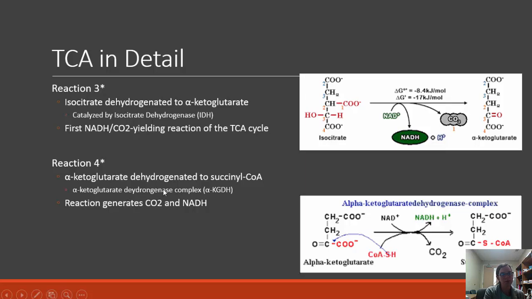And same thing for reaction 4. We have a dehydrogenase enzyme, alpha ketoglutarate dehydrogenase to be exact. And in this reaction, we are again going to oxidize alpha ketoglutarate to succinyl-CoA while we reduce NAD+ to NADH. And then the NADH goes to the electron transport chain. And you can see that we also have CO2 as an output here.